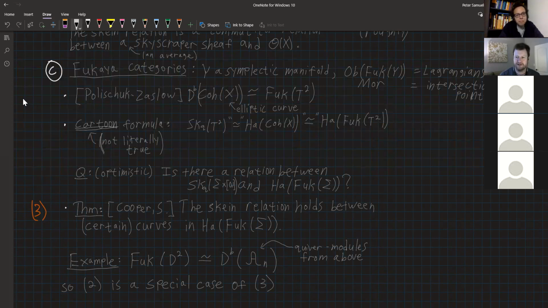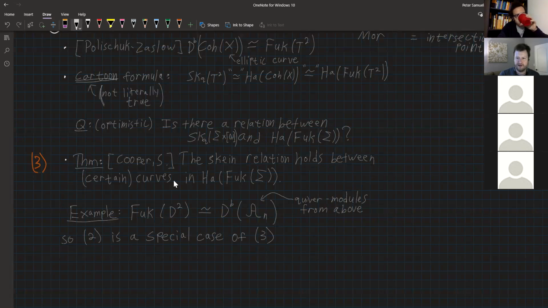The map we would expect would take a curve in the Skein algebra to the object corresponding to that curve in the Fourier category, or maybe some average of objects, but whatever. So we were able to show that the Skein relation holds between certain curves in this Hall algebra. That's some evidence that the answer to this question should be yes.